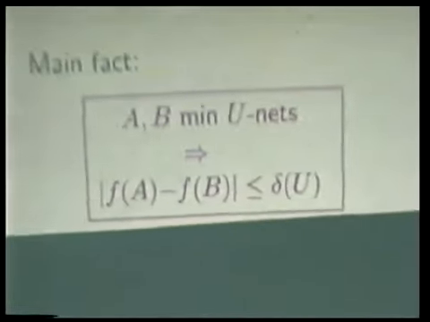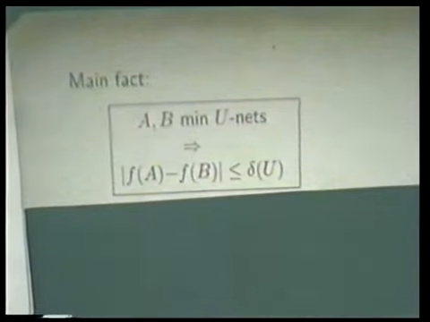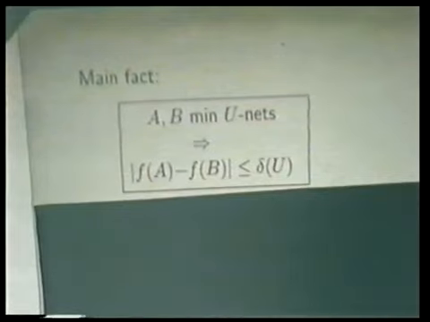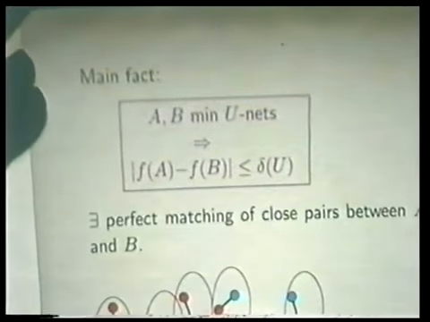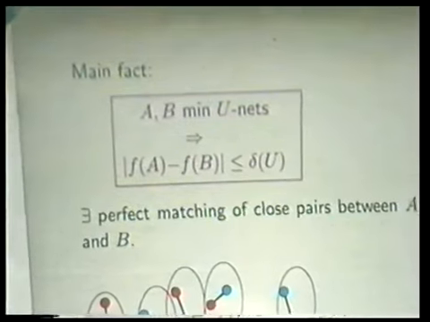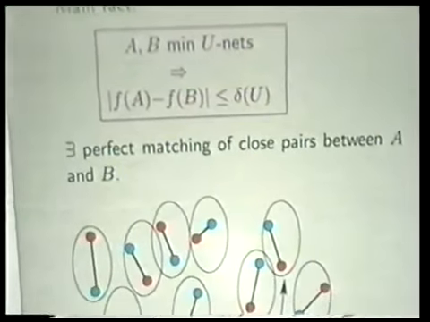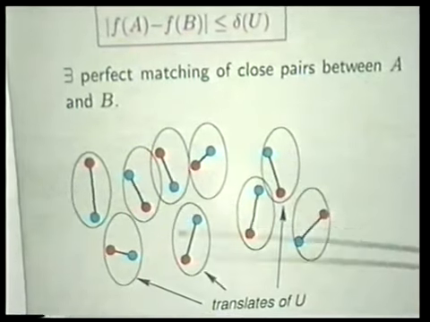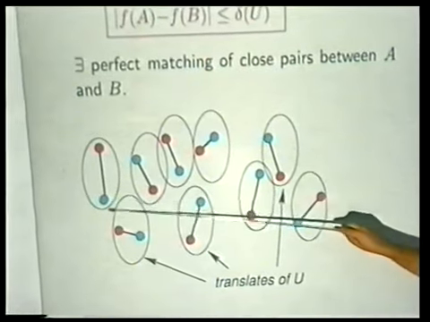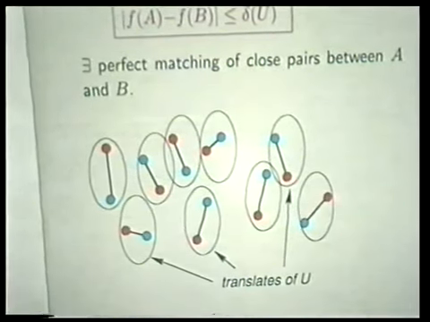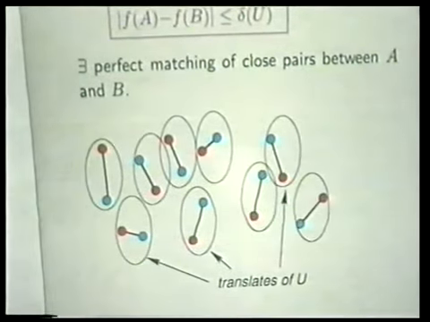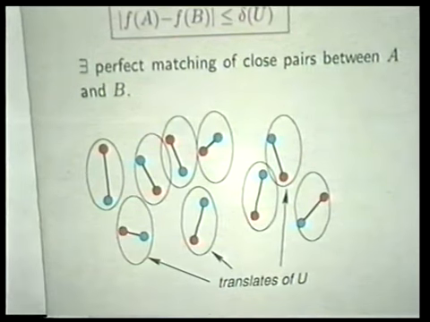But here is the difficulty, because I know very little about these sets A and B. I know that they have the same cardinality, but that's about all I know about them. So the idea is to show, suppose these red points are one of these sets, and the blue points are the other, that you can match them up so that each pair is contained in a translated copy of U. If you can do that, then it's obvious that replacing each red by blue changes the function value by at most delta, so the average changes by at most delta.